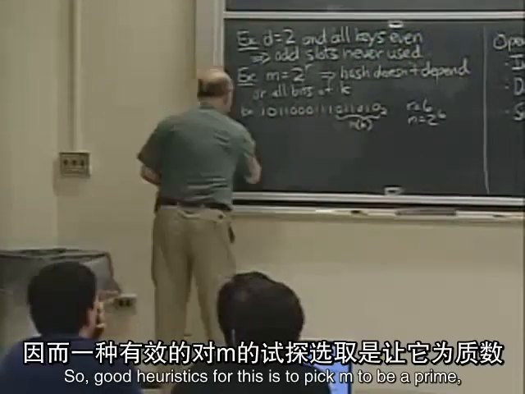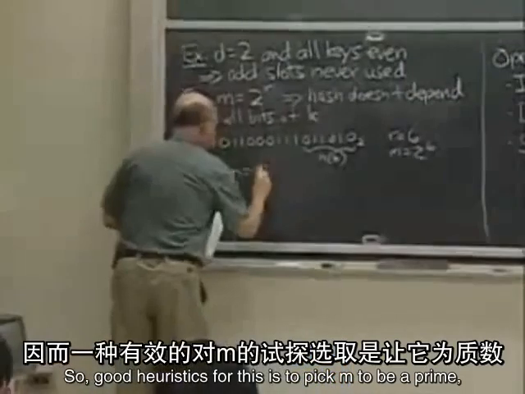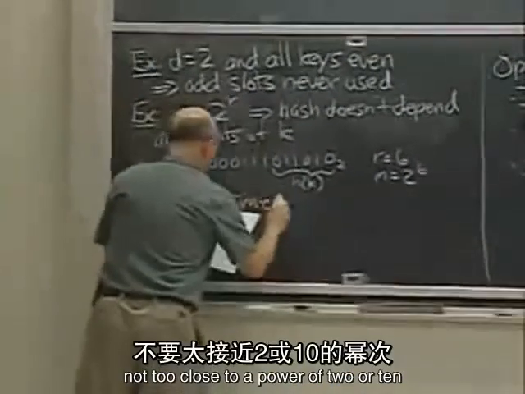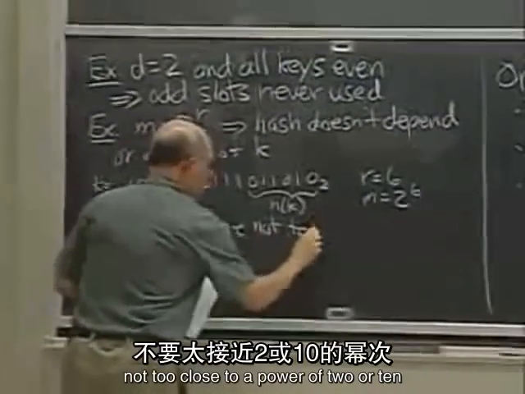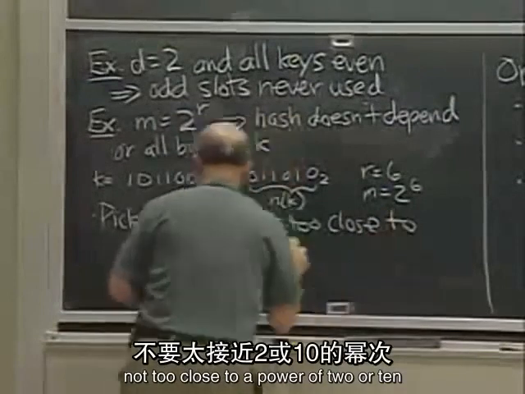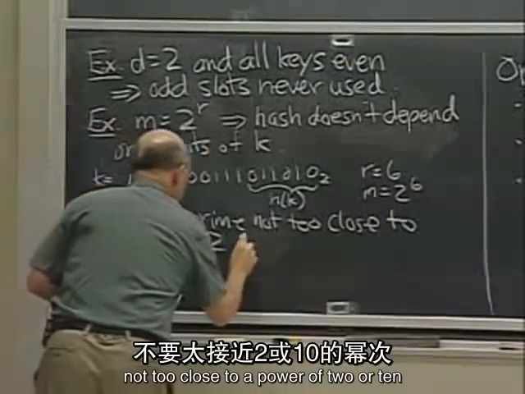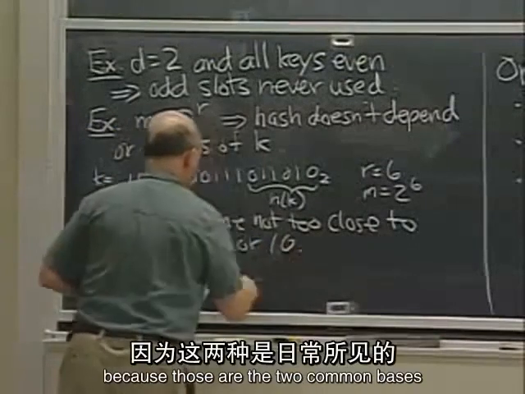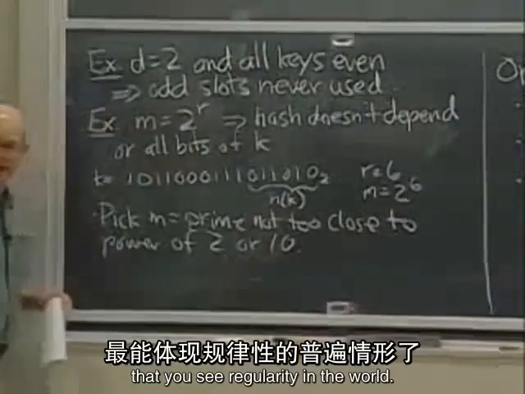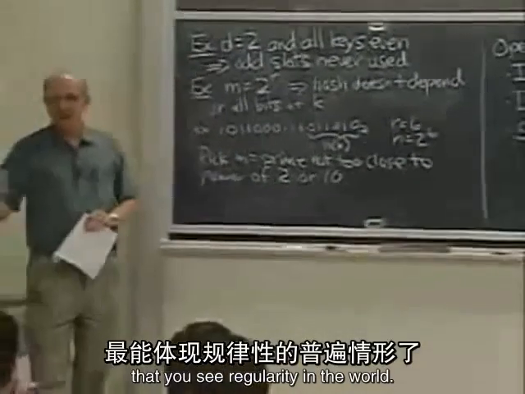So a good heuristic for this is to pick m to be a prime, not too close to a power of 2 or 10, because those are the two common bases where you see regularity in the world.